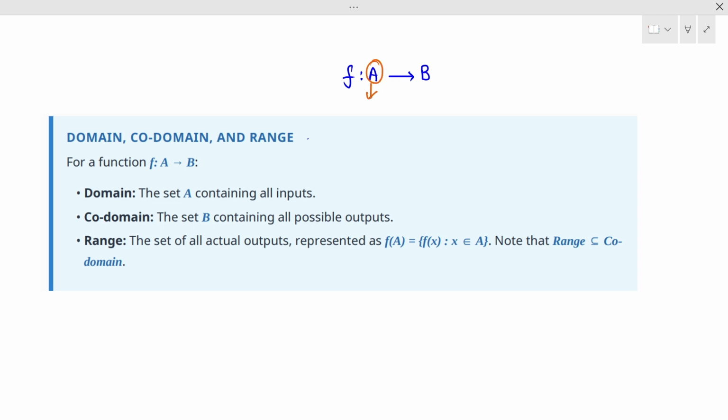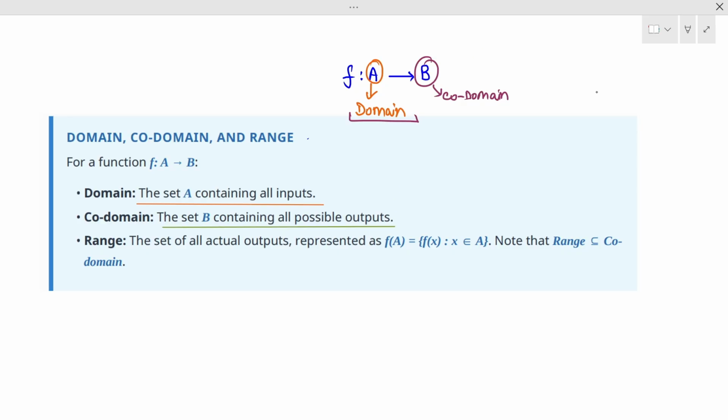The domain will be set A. What will be the codomain? The codomain will be set B, right? Domain means the set A containing all the possible inputs, right? And codomain means the set B which contains all the possible outputs.